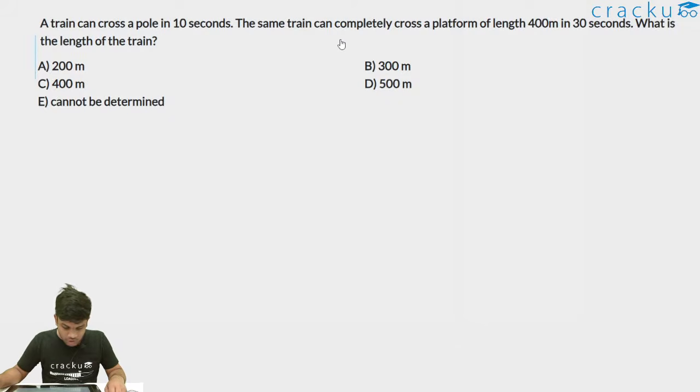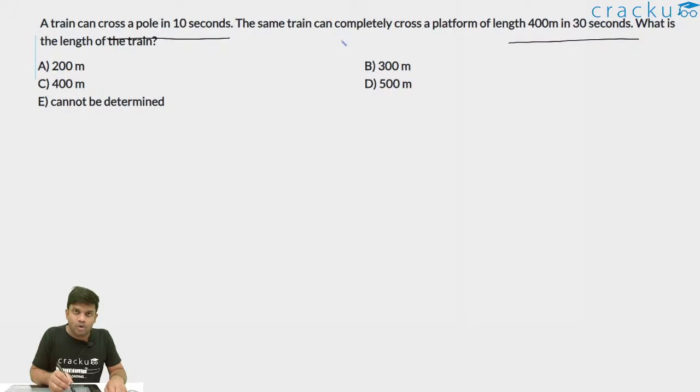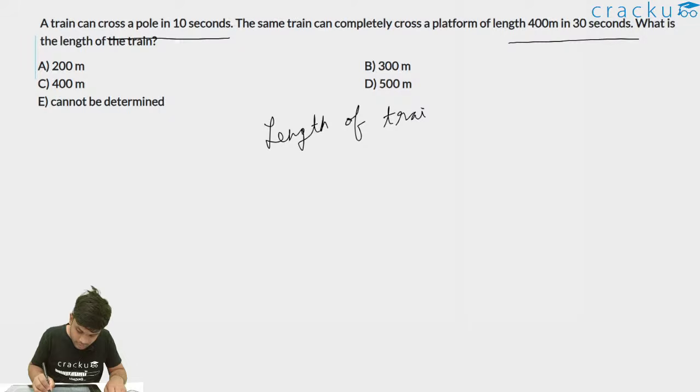In this question it is said that a train can cross a pole in 10 seconds. The same train can completely cross a platform of length 400 meters in 30 seconds. The length of the pole is considered negligible in these types of questions. From the first line, let the length of the train be L meters.